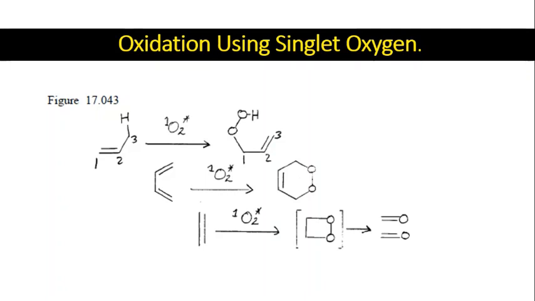Why? Because cyclobutane has torsional and angle strain by itself, but if some heteroatom comes into it, that makes the system even more destabilized, and ultimately it has to break down into some stable product, that is, the ketones.